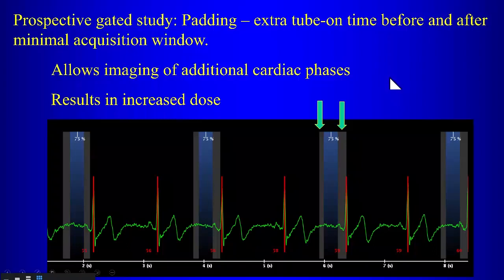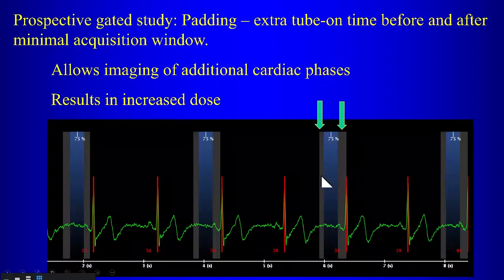If you're doing a prospective gated study, what we can do is add what is called padding. And this means that you go beyond the absolute time that is necessary to generate your images. So here, we're doing prospective gating at 75% of the RR interval, and we're adding more tube-on time before and after.